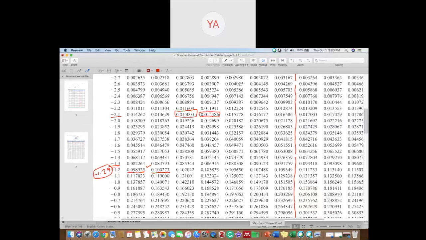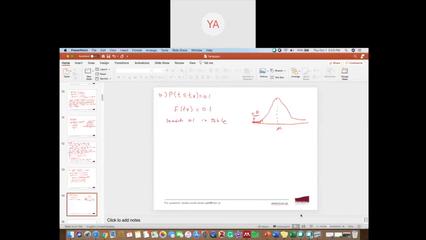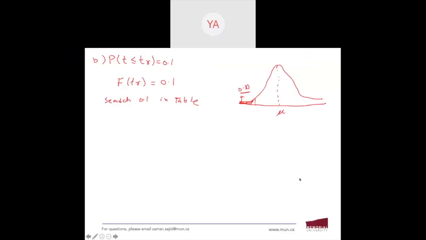Okay, let's come back here. So from the table, we figure out that our z value is minus 1.29. And now because we know our z value, we can easily calculate our t value.